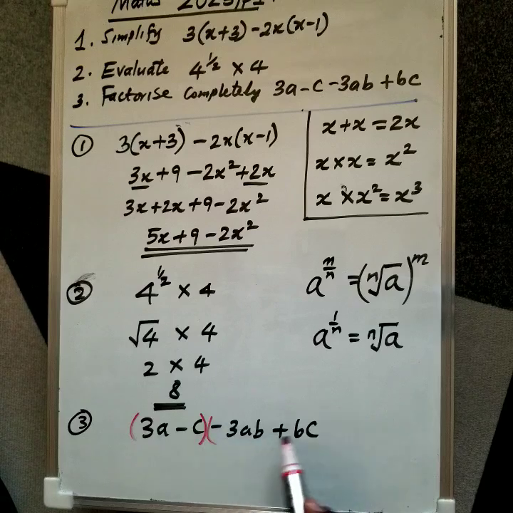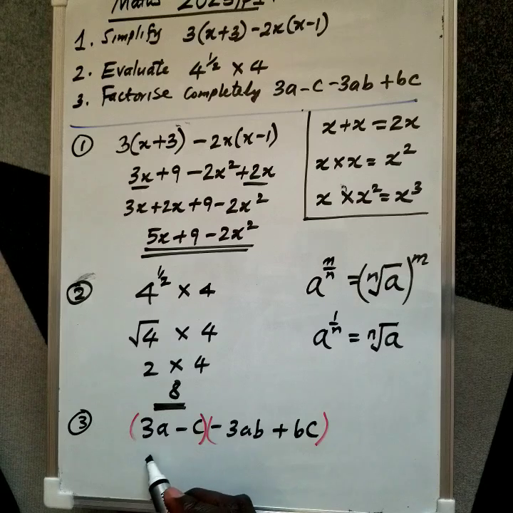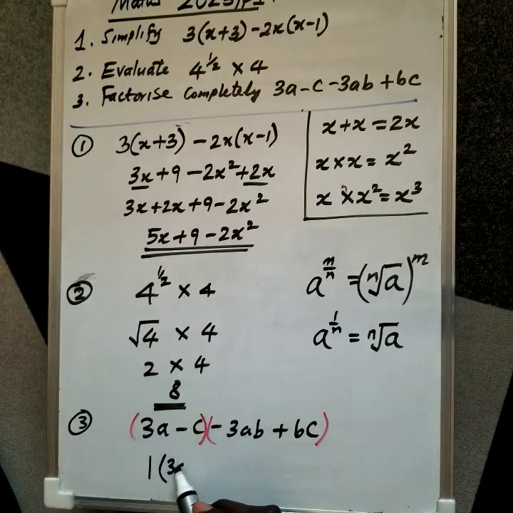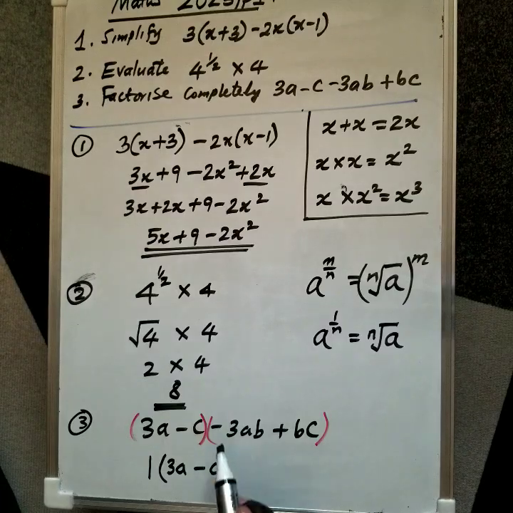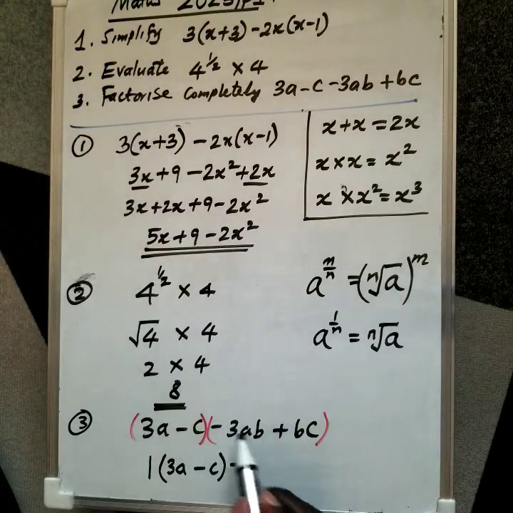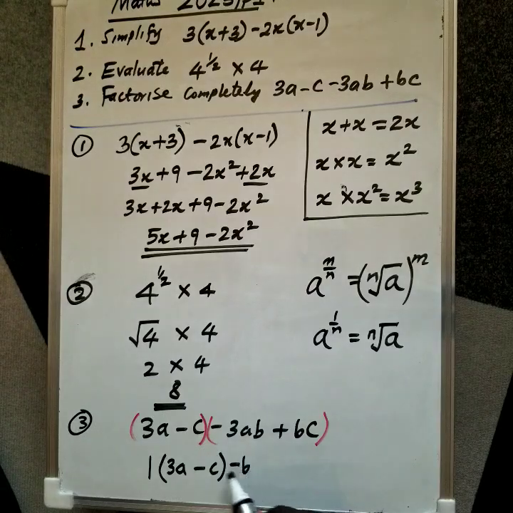You can group them and factorize what is common. Now, what is common? I know you are saying there's nothing common. Actually, 1 is common, so 1 comes out and you have 3a minus c. Here, the sign comes out, so there's a negative, and what else is common? There's a b, so negative b is common.